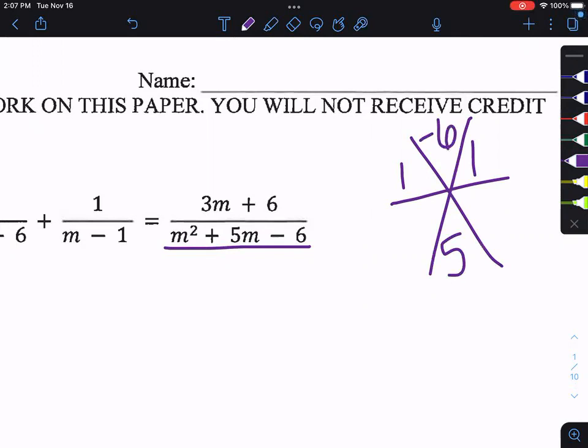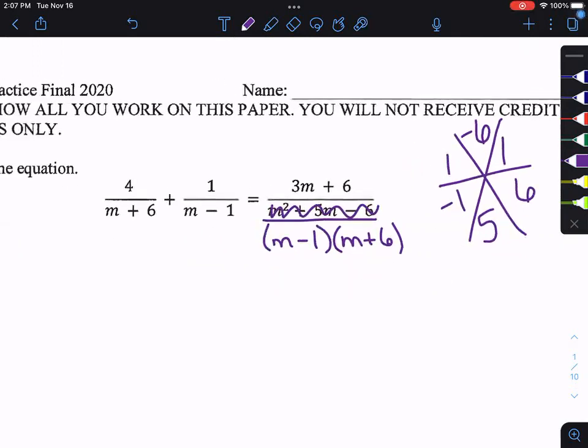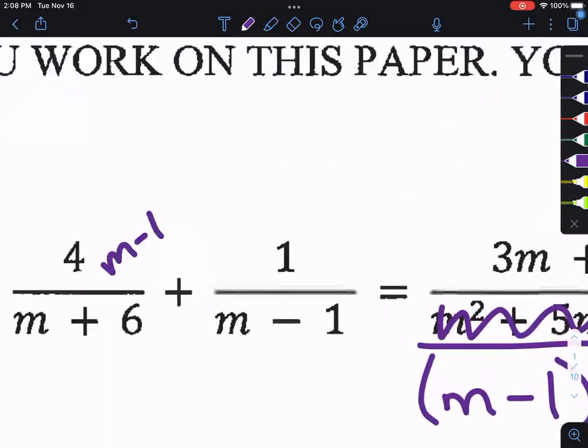Two numbers that multiply to give us -6 and add to give us 5 are going to be -1 and 6. So that's going to give us factors here, m-1 times m plus 6. Conveniently, those are the denominators of the other two fractions. So my least common denominator is the m-1 times m plus 6.